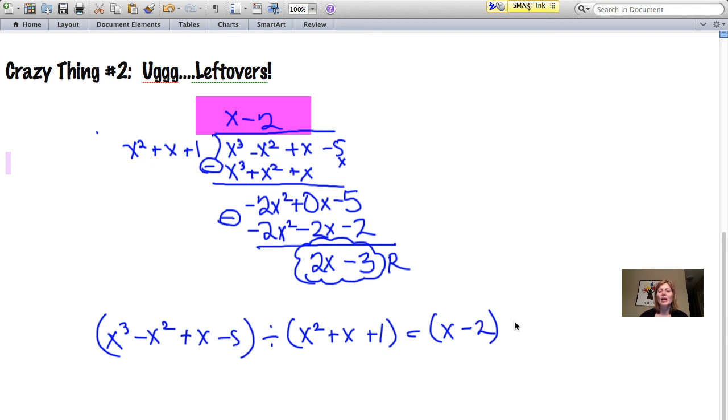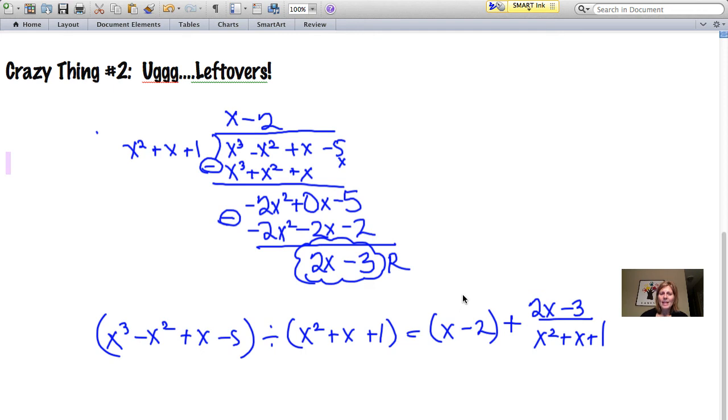There's still this remainder. So plus whatever the remainder is. And we're going to take the remainder and pretend to divide it by the original divisor. And so it's going to be plus 2x minus 3 divided by x squared plus x plus 1. Just like what we did with the 2 and 1/7. There's the remainder, there's the divisor. And that's what you do with leftovers.